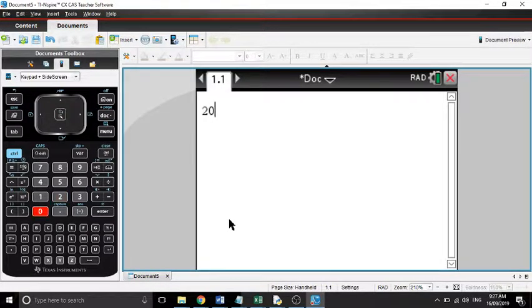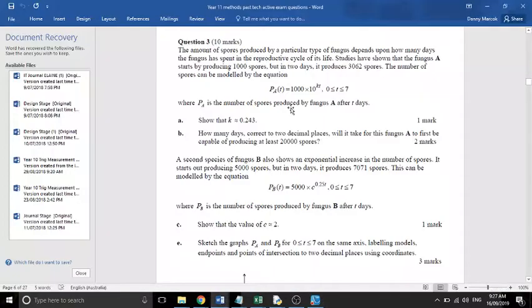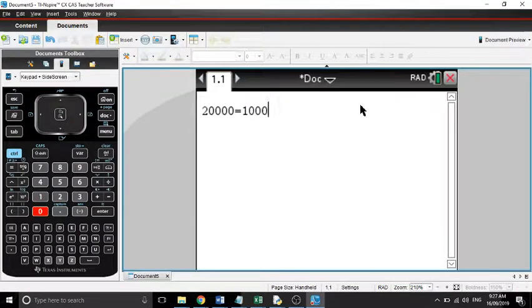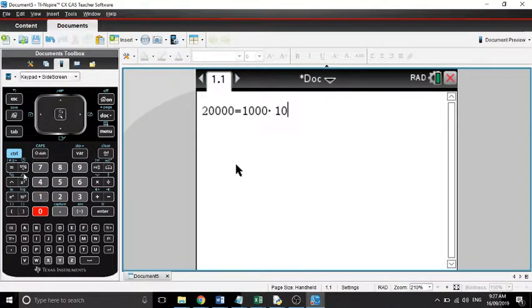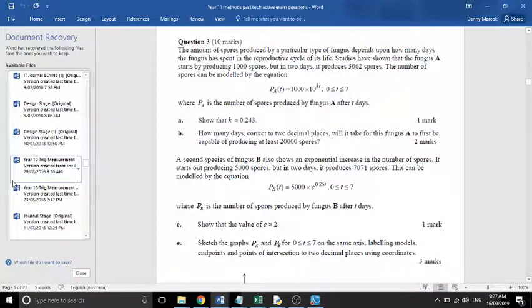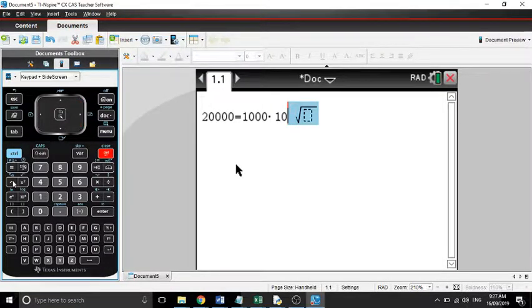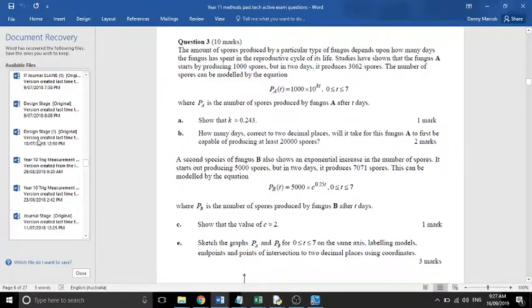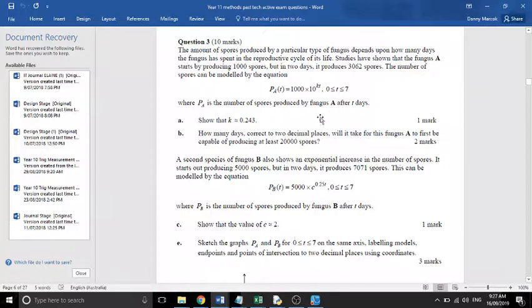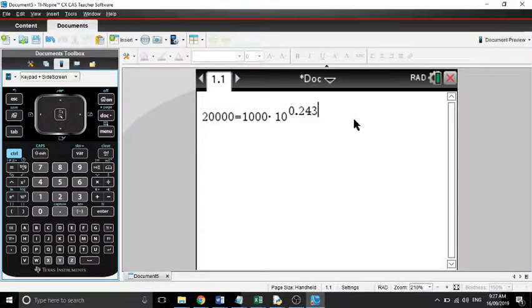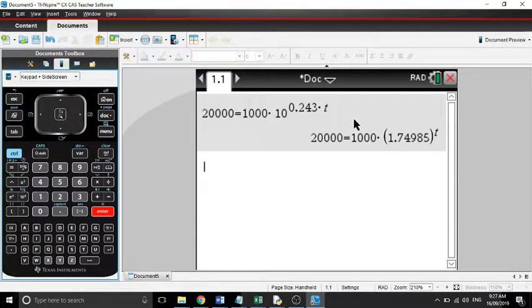So we'll say 20,000 equals 1,000 times 10 to the power of 0.243 multiplied by t. That's what we want to see you writing down. We want to see something like that.